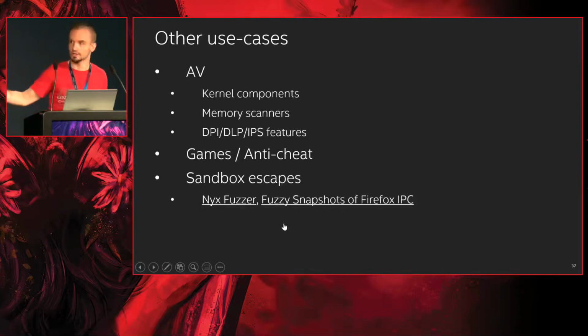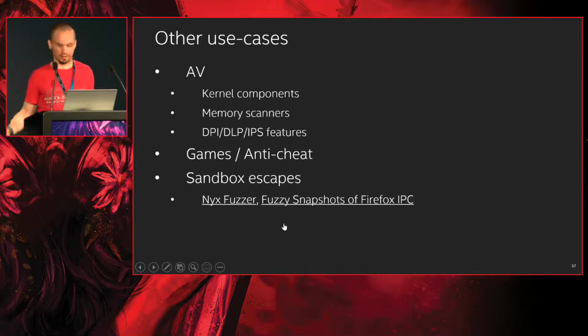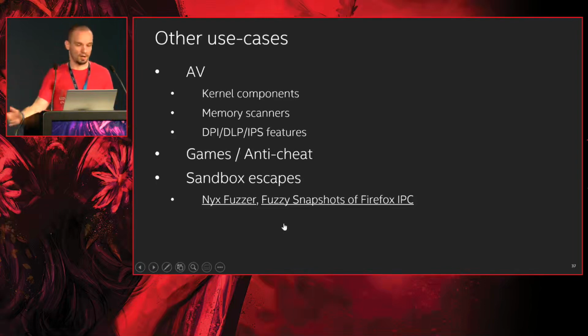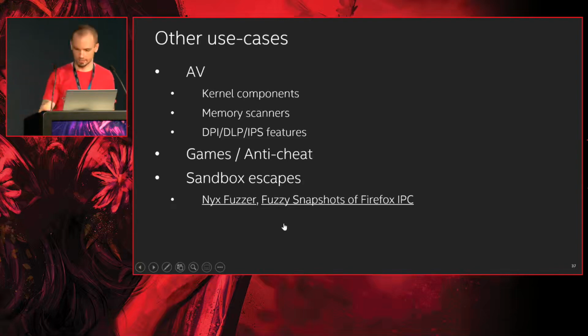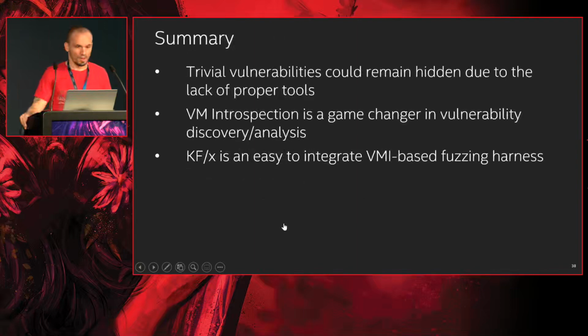I didn't manage to harness it, because the message format was in the way, and I only spent like a weekend on it. But if your target is Firefox, you definitely can do things with it. Actually, the guys at the Nyx Fuzzer already had their prototype submitted to Mozilla for them to use in order to find IPC bugs, which is great.